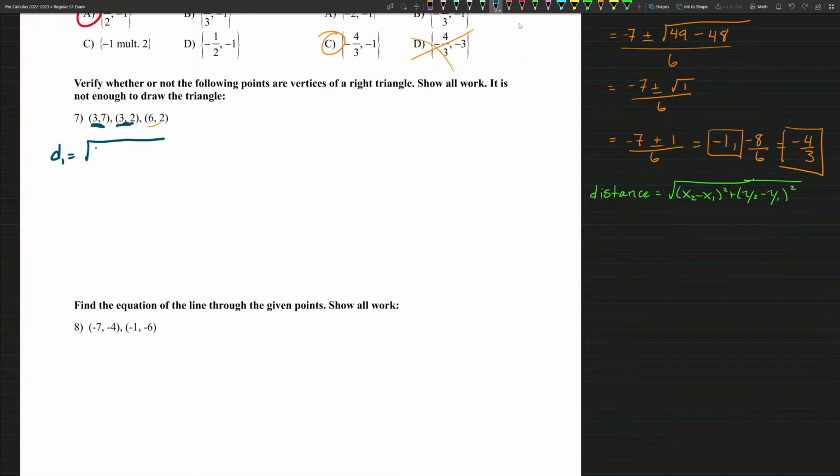So we get 3 minus 3 squared plus 2 minus 7 squared. So we get rad 25. I'm not going to worry about simplifying because that's going to take care of itself here in a minute. Then I'll do the distance between these 2 points.